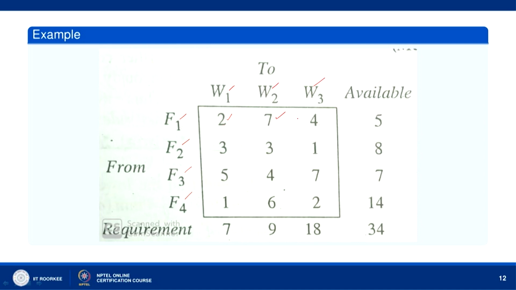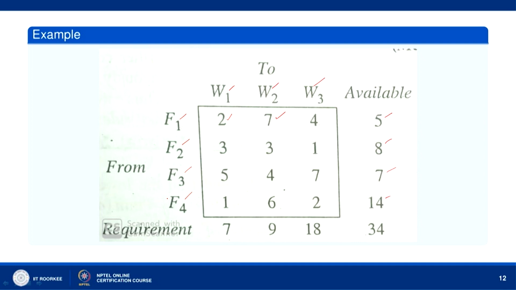So, these values 2, 7, 4, 3, 3, 1, 5, 4, 7, 1, 6, 2 are the transportation costs from the sources to the destinations, and these values 5, 8, 7, 14 are the units available at the sources F1, F2, F3, F4. So, 5 units of the product are available for shipment at F1, 8 units at F2, 7 units at F3, and 14 units at F4.